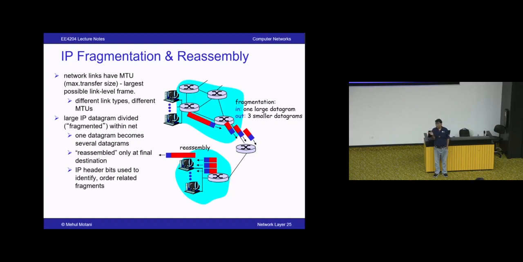They're just smaller. And then they remain smaller until they get to the destination, which will eventually reassemble everything. So that's where you get fragmentation, maybe at the ingress of a network that has a limit, and reassembly at the final destination.